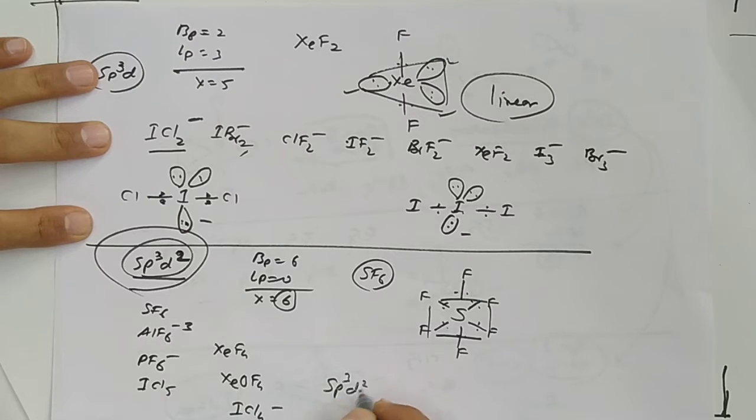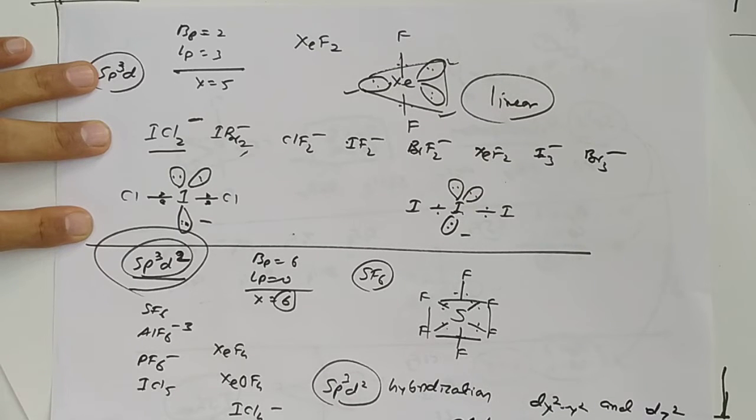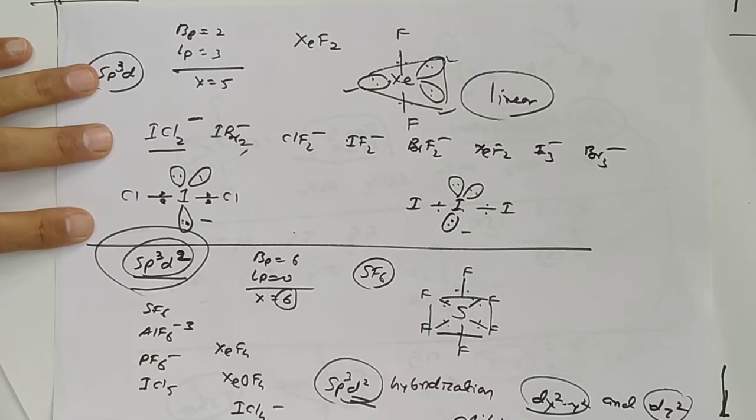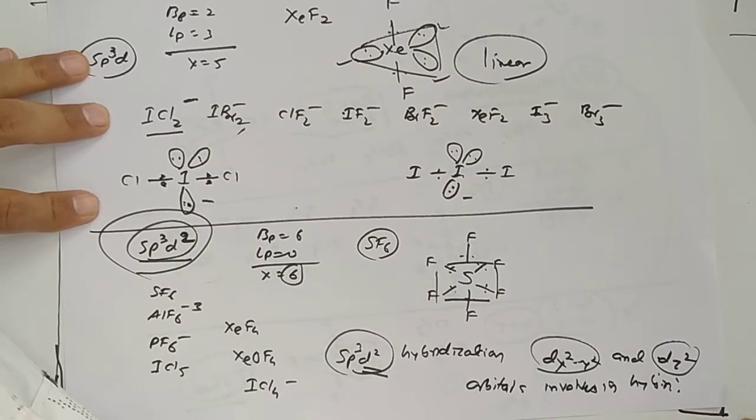In sp3d2 hybridization, the dx square minus y square and dz square orbitals are involved in hybridization. Which 2 d orbitals? Dx square minus y square and dz square are involved in the formation of hybridization, only 2.